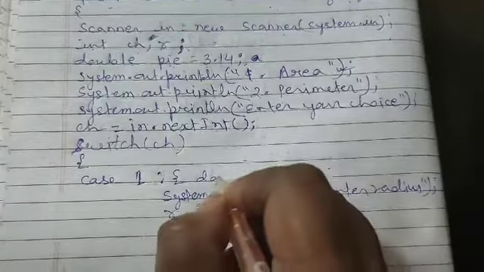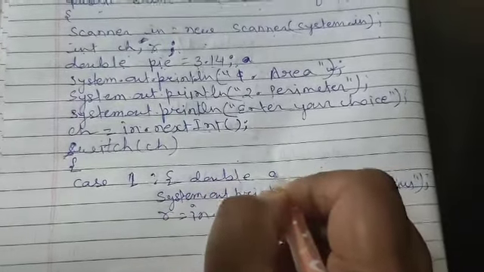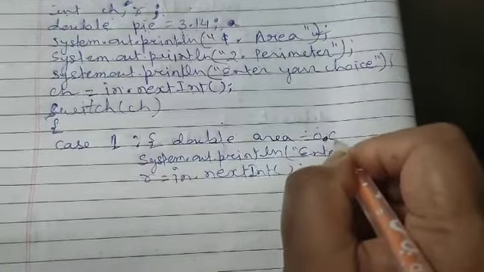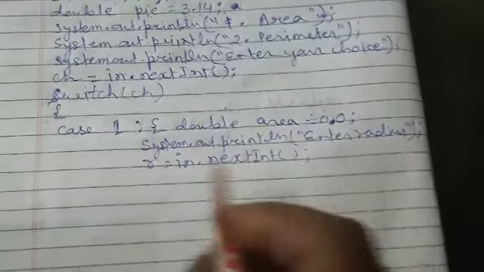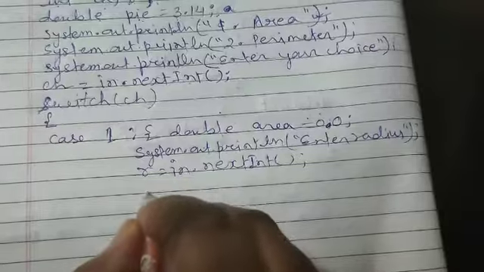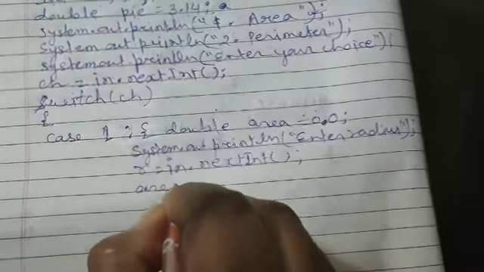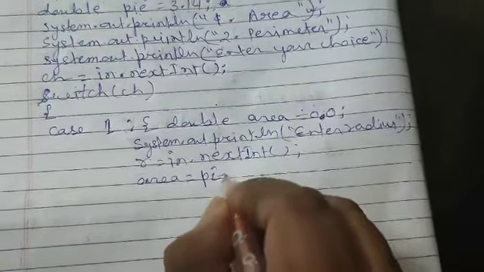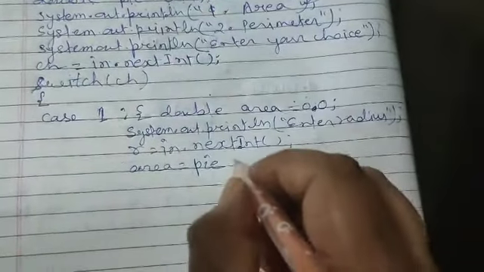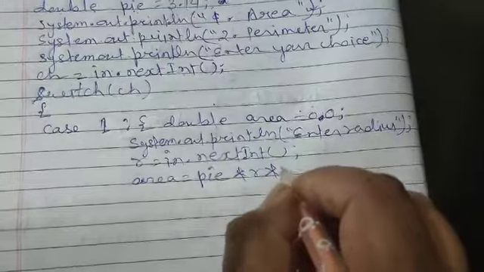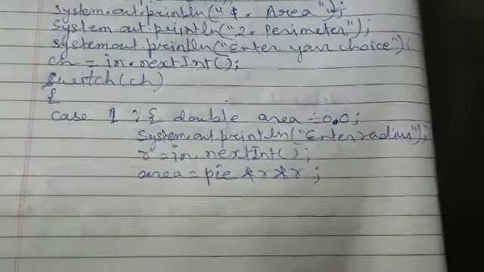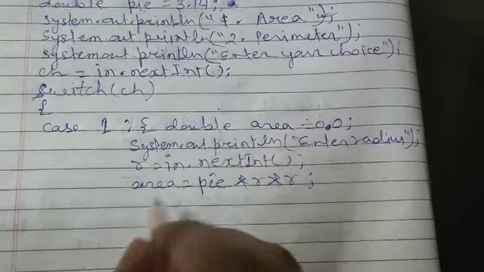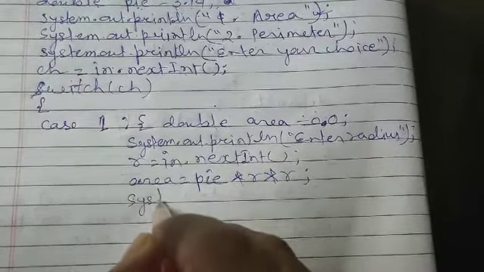Here I can define double area, because I am going to calculate area, double area = 0.0, and then I have entered radius. Now I am going to calculate area. So area is equal to pi r square. Pi value I have already stored here, so pi * r * r, or in place of r into r you can write Math.pow(r, 2) also. Now my area is calculated and I am going to print that area.